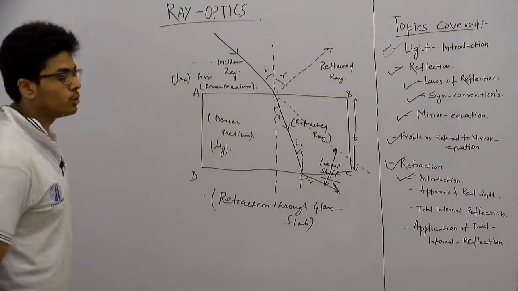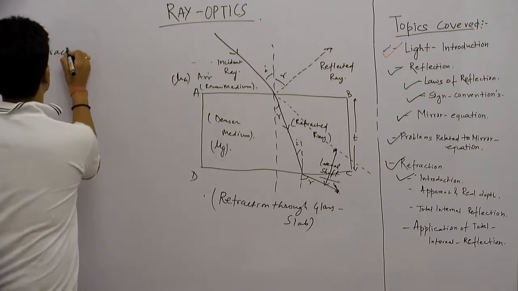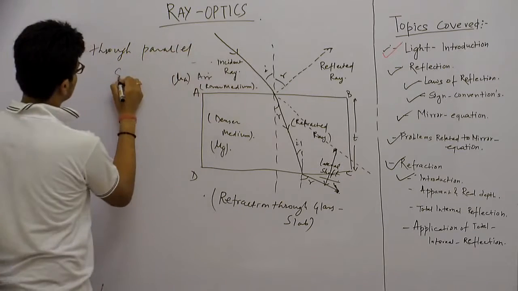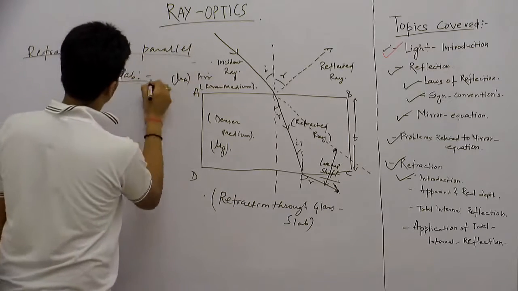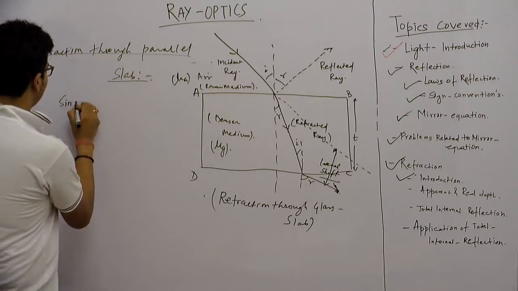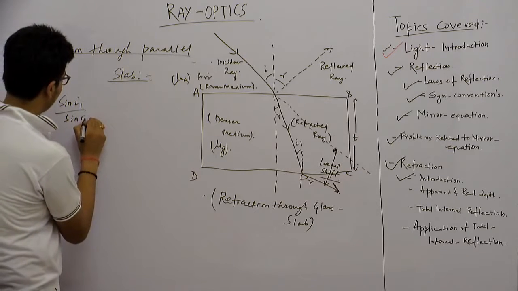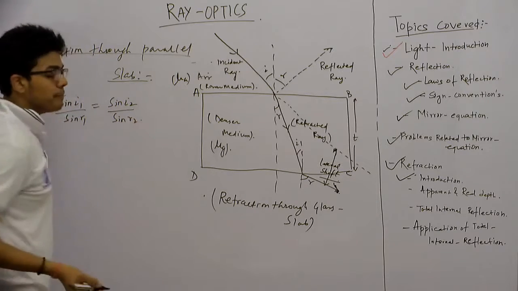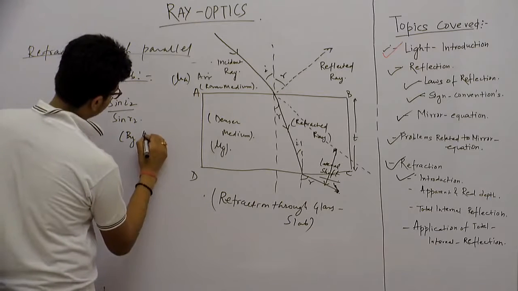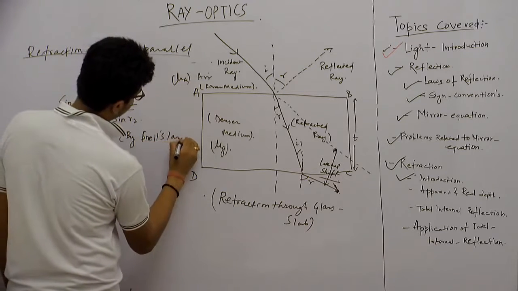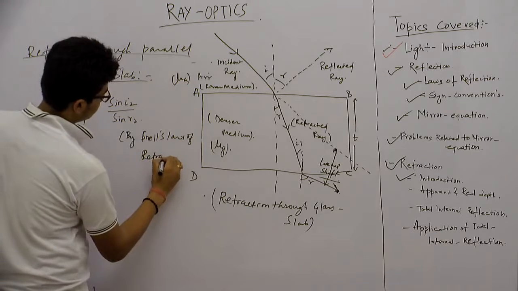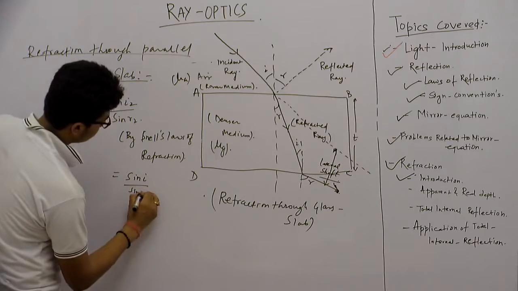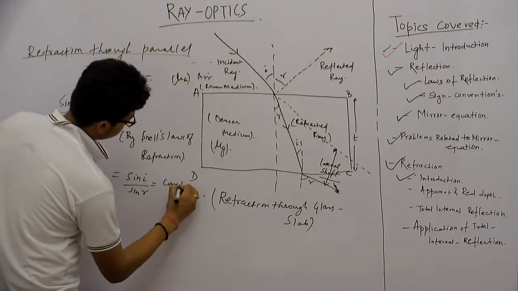So refraction through a parallel slab: sine of I1 by sine of R1 is equal to sine of I2 by sine of R2 by Snell's law of refraction. We already illustrated that sine of angle of incidence by sine of angle of refraction is equal to a constant.